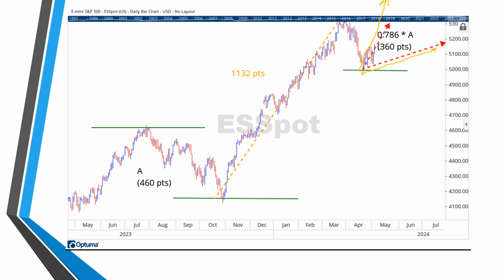And at some point later this year, yes, we are going to retest those previous highs and quite likely exceed them. But we're not going to get exceedingly stupid and have the S&P at 6,000 or something ridiculous.